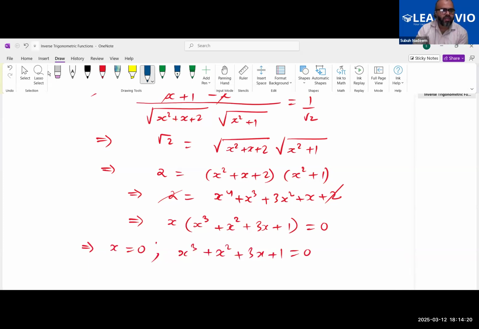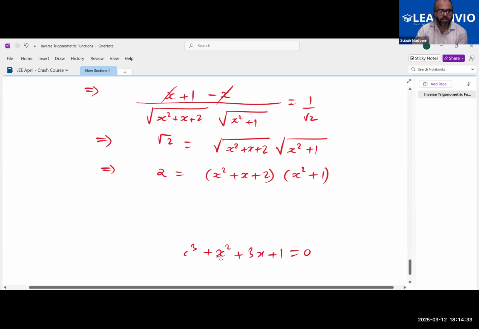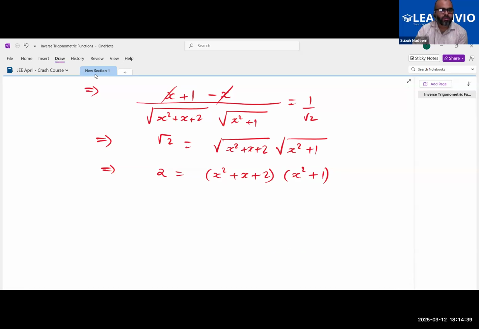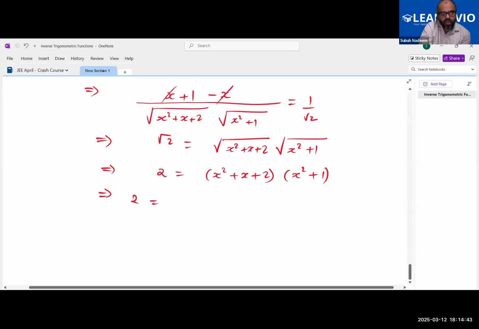Let me write this again. Maybe something would be there which we were missing. Let me write this again by expanding it properly. So this is 2 equal to x to the power 4 plus x cube plus 2x square.